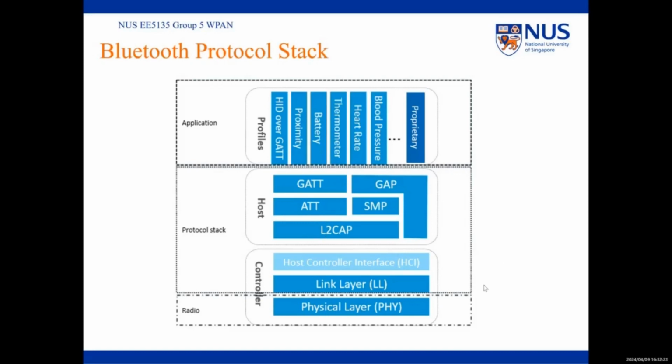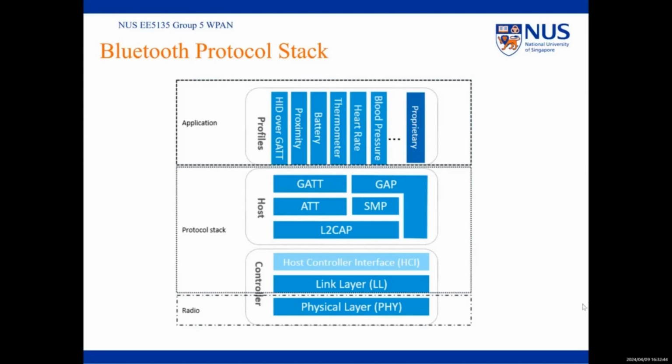And the logical link control and adaptation protocol, we also call it L2CAP. It performs a simple encapsulation on the link layer. The link layer only cares about the transmitted data itself.